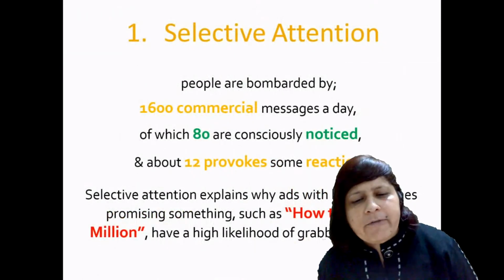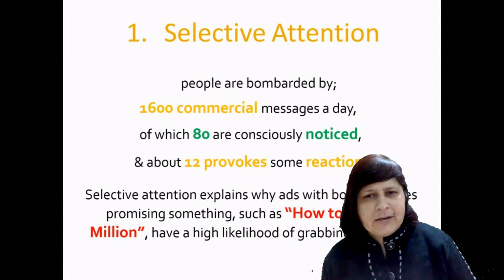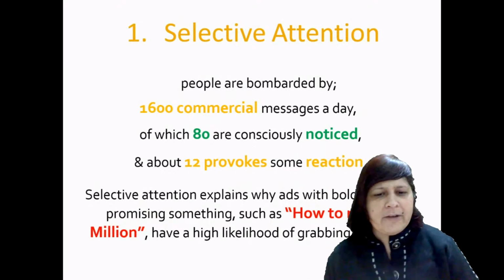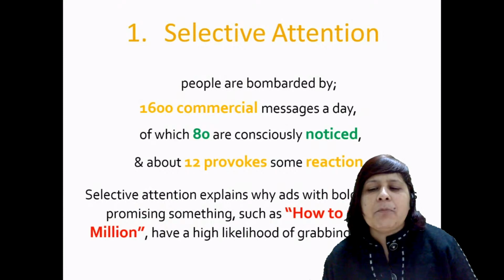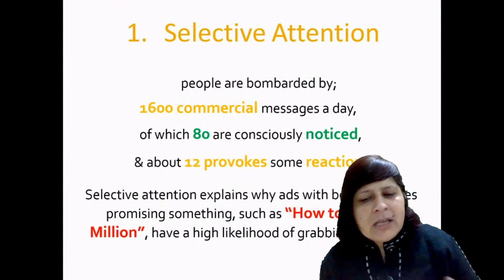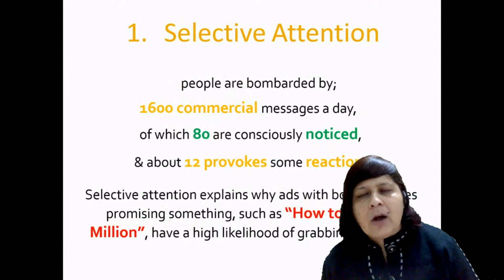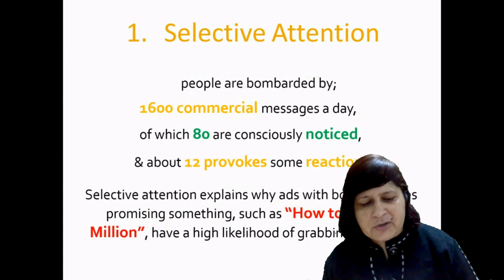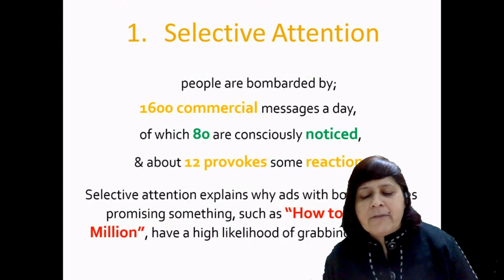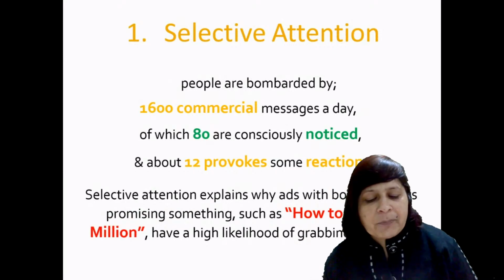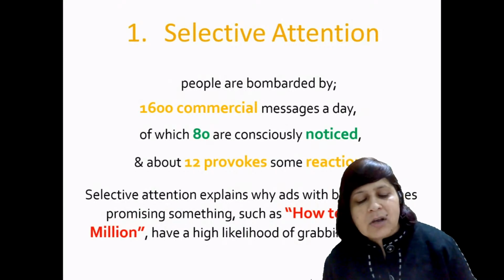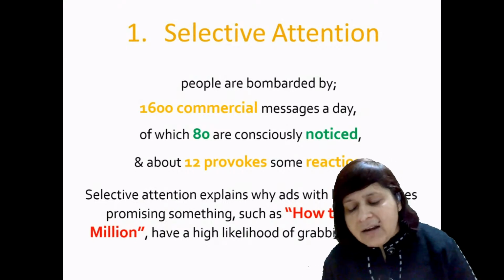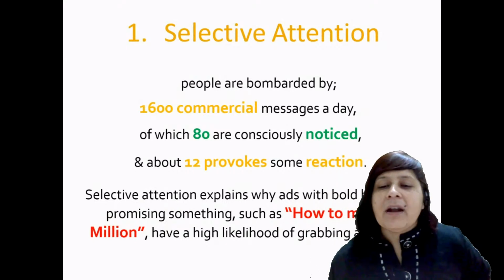Because of selective attention, selective perception. People are bombarded by many commercial messages a day, out of which 80 are consciously noticed and about 12 provoke some reaction, right? Selective attention explains why ads with bold headlines promising something, such as how to make a million, have a high likelihood of grabbing attention.